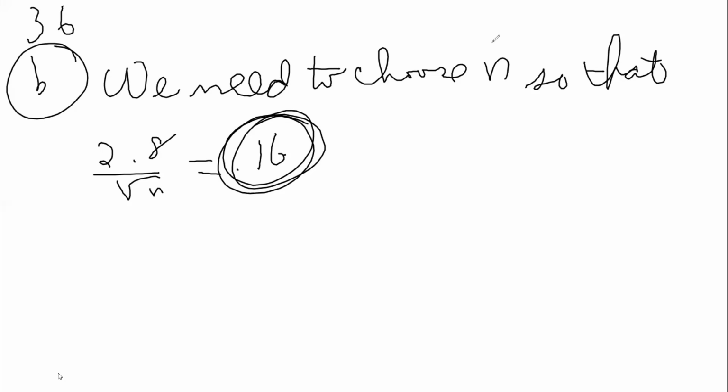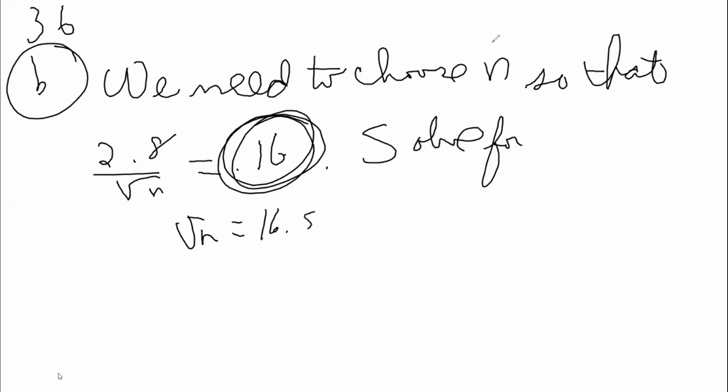I'm really vehemently pointing to my screen right now, so I hope you can feel it. So solve: the square root of n has to be 16.8. When you do it by algebra, you'll get the square root of n equals 16.8.